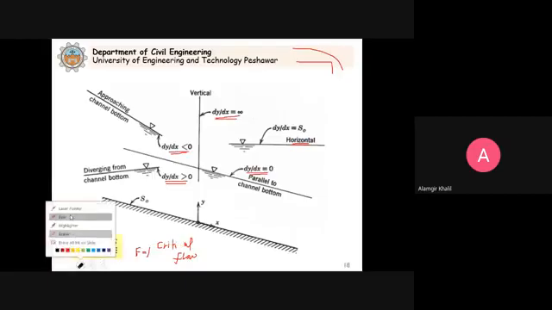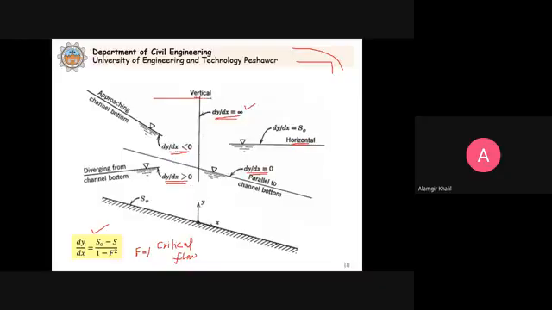So what will happen to the denominator? 1 minus 1, 0. Anything divided by 0 is infinity. So that's why this dy by dx will be infinity, meaning that the slope will be vertical. Clear? So this is how we should understand that this equation works.